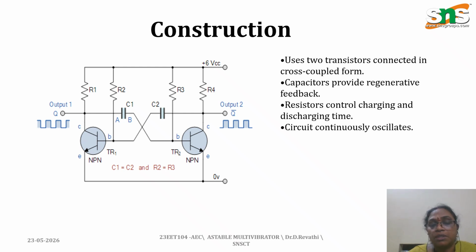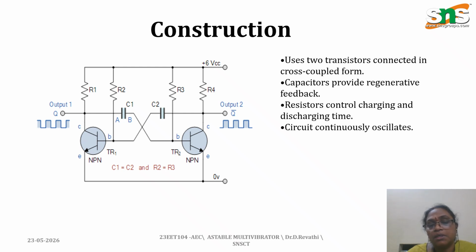Both transistors are coupled to each other in the cross coupled form. What is meant by cross coupled form? The base of one transistor is given the output of the other transistor.